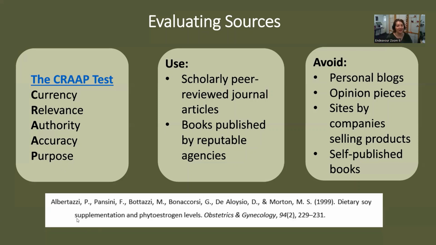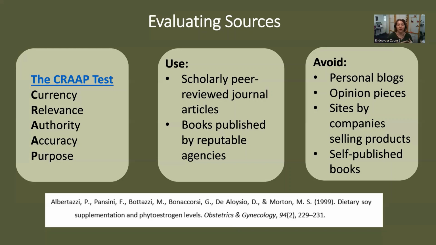Even one of the examples that I used in this presentation, this is a journal article. It is a scholarly peer-reviewed journal article. However, it was published in 1999, which means that it's probably, I can't believe it's 2023 now, quite out of date. So finding a more recent study would be much better.